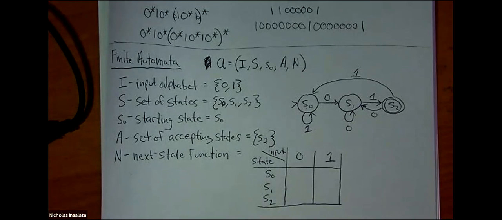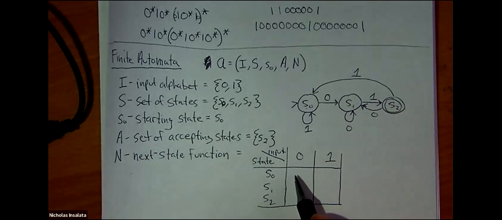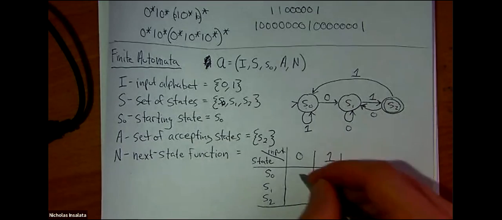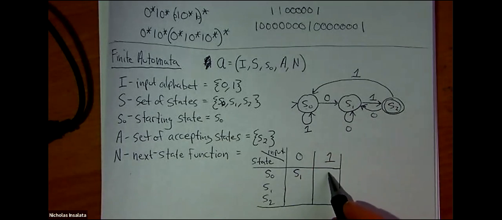From S0, on the 0 arrow, what is the next state that I go to, according to this diagram? Not 0, not quite. You're going along the 0 arrow, but you end up at S1. That's right. How about from S0 going down the 1 arrow?